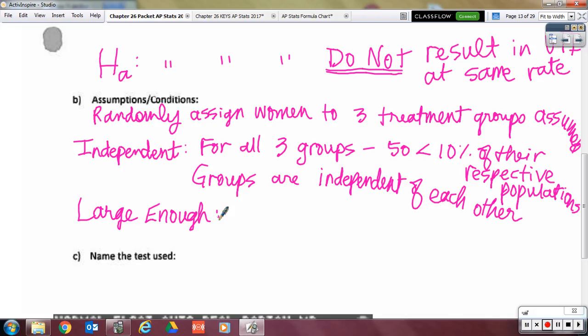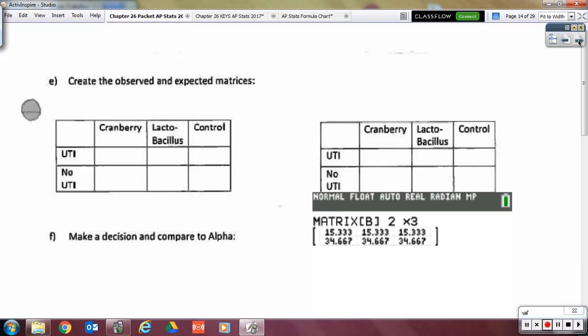Go to the top of the next page where we see I've got this ready for us. We do not just have one column of observed and one column of expected. We now have a two-dimensional matrix of observed and a matrix of expected. Yippee! Okay, so that you don't have to flip back to the other page, let me go ahead and tell you what the data was.